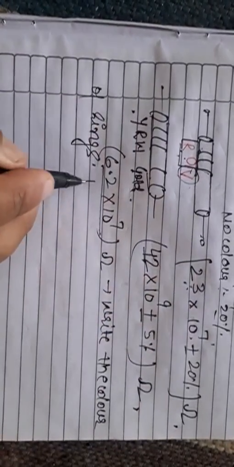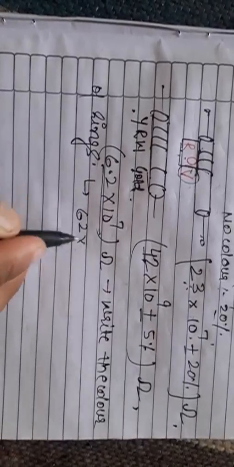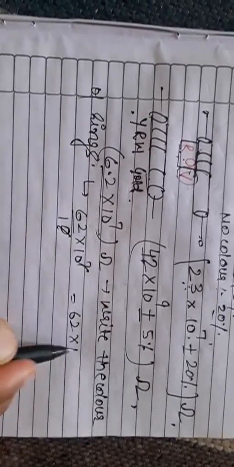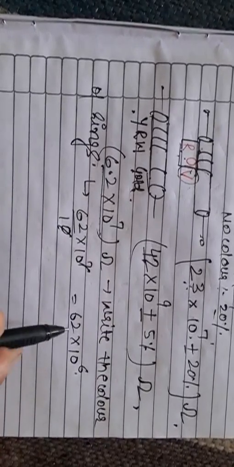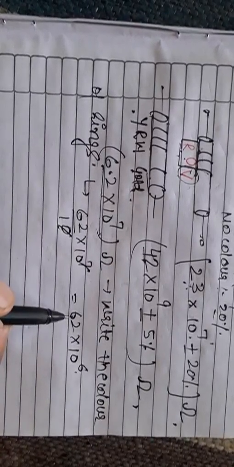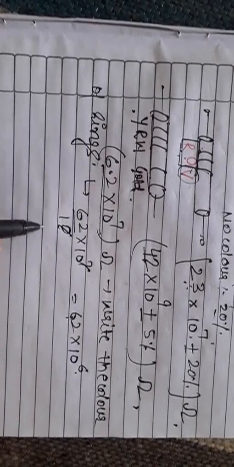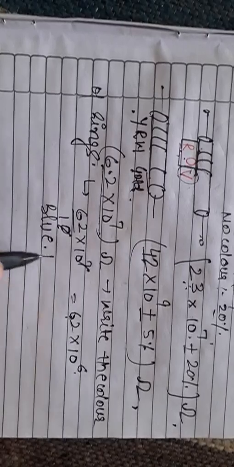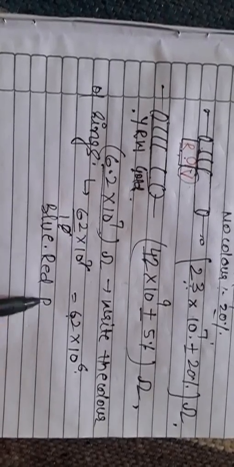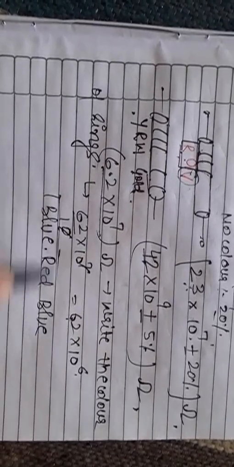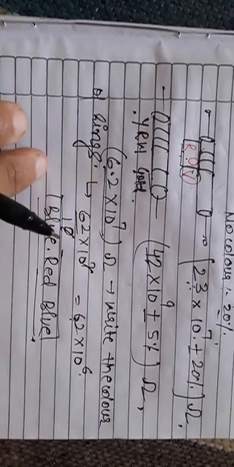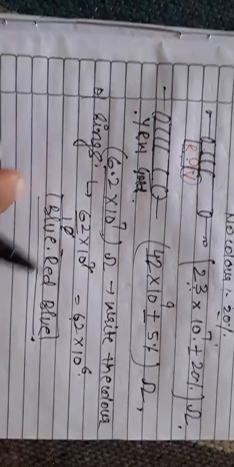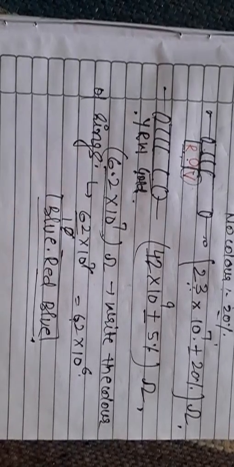So first I will simplify this as 62 into 10 to the power 7 divided by 10. The 10 cancels out, so it will be 62 into 10 to the power 6. So what is 6? B B Roy of Great Britain. What is number 6? 6 is blue, 2 is red, and the multiplier 6 is again blue. So this is the color code. I think it is clear to all of you. So you can try more questions at home.